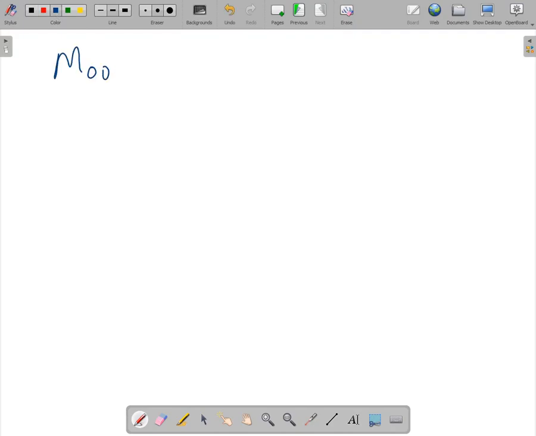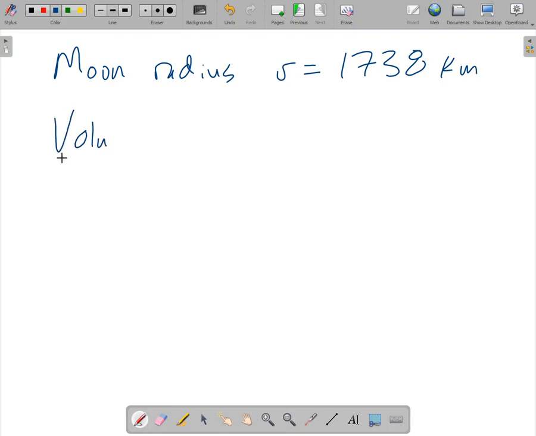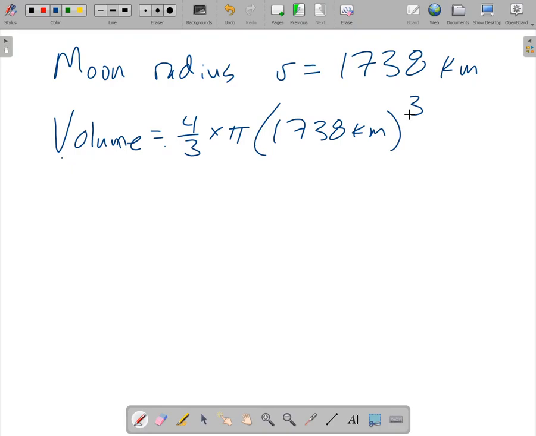So moon radius R equals 1738 kilometers. The volume is 4/3 times pi times that number cubed.